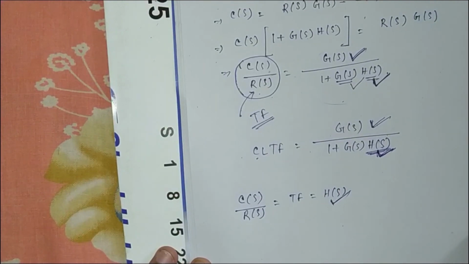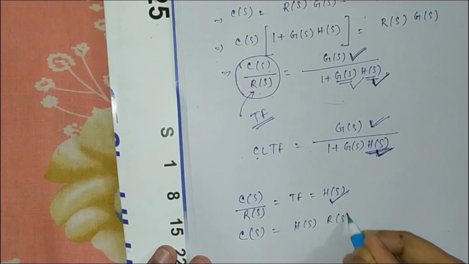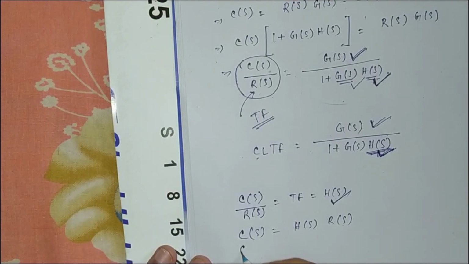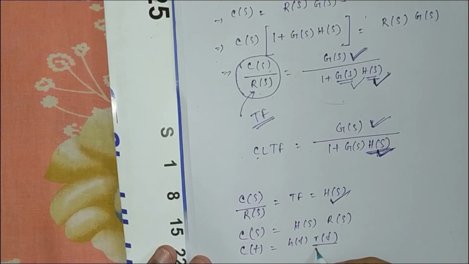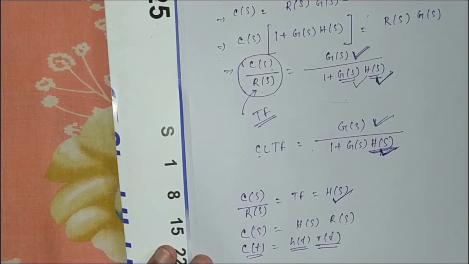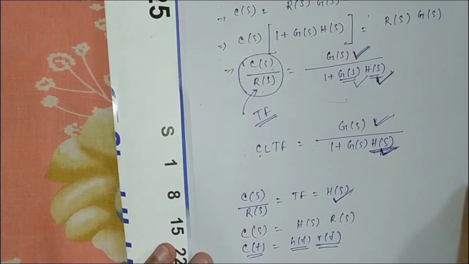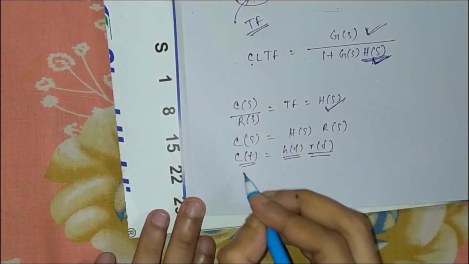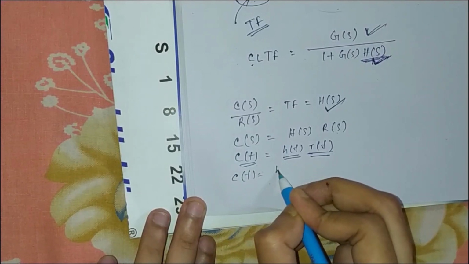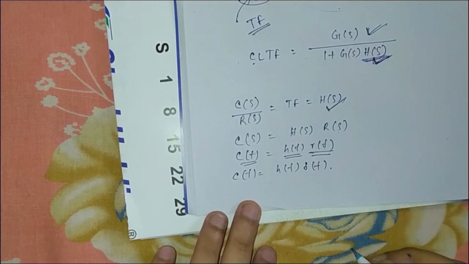So C of s is equal to H of s into R of s. If I take the inverse Laplace, C of t is equal to H of t into R of t. This R of t is the input, this is my transfer function, this is the output. If I take the input as the impulse function, C of t is equal to H of t into del of t.